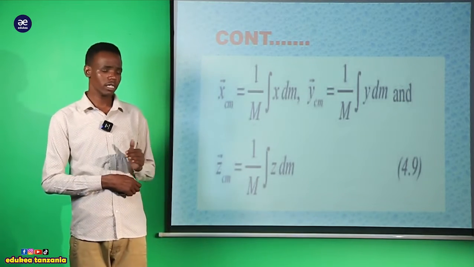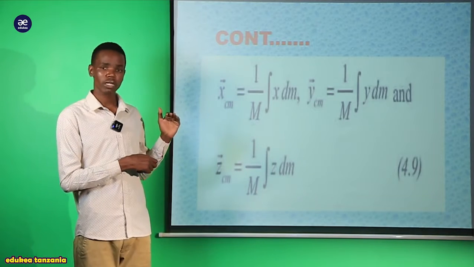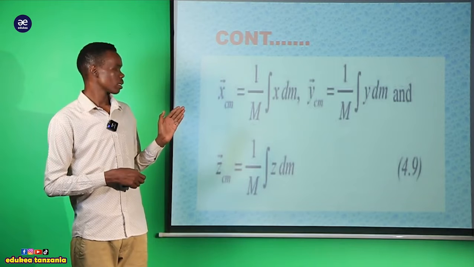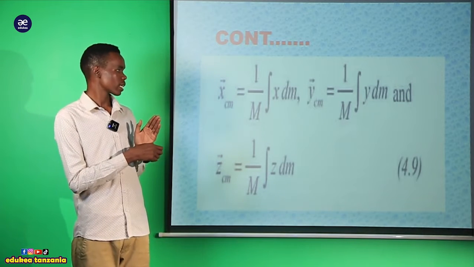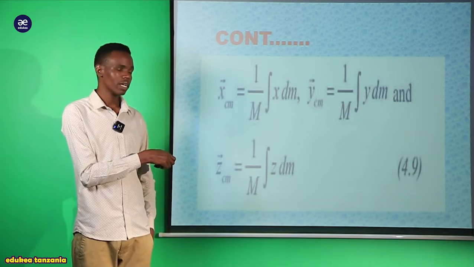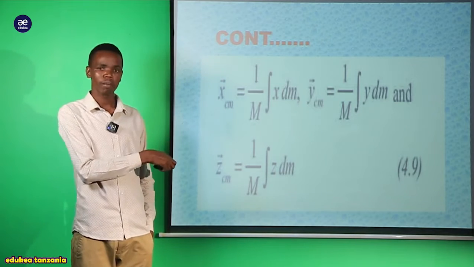So this x center of mass must equal the integration of x dm divided by m, but this m here is constant.